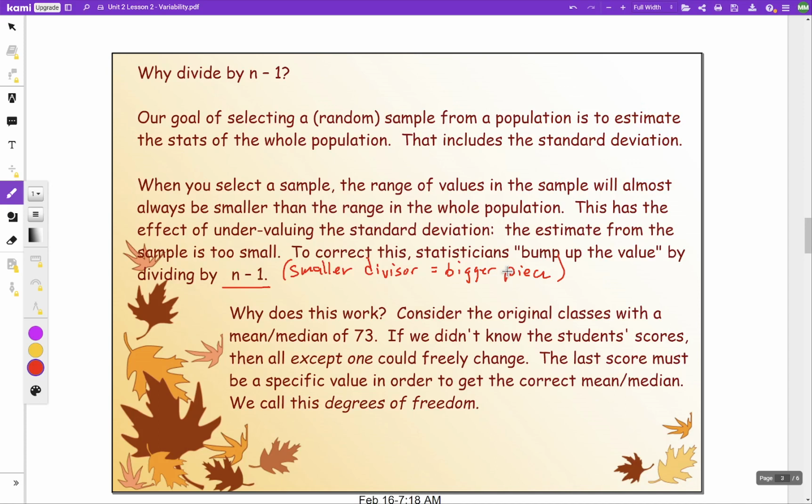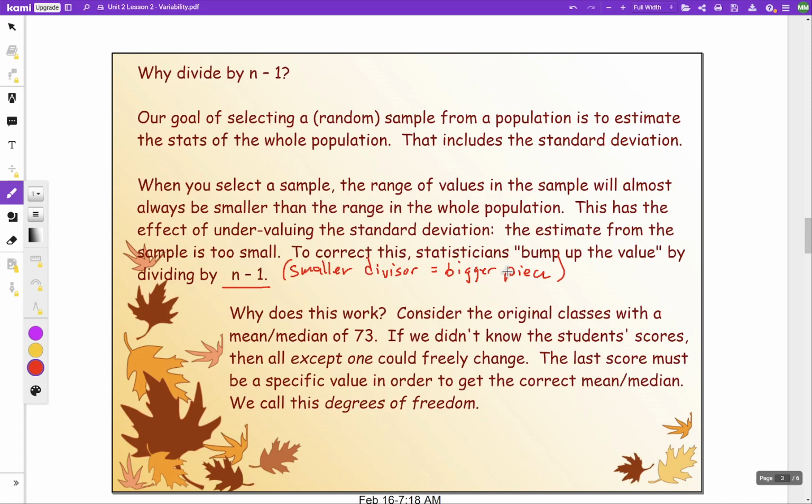So consider the original class with a mean and median of 73. If we didn't know the students' scores, then all except one of them could freely change. Now, what do you mean?